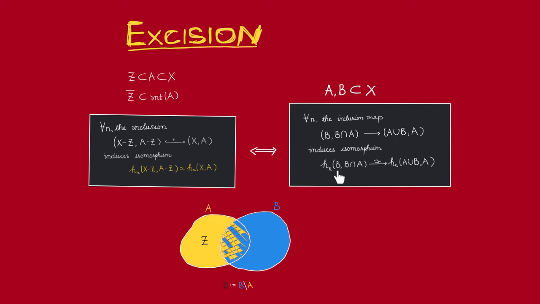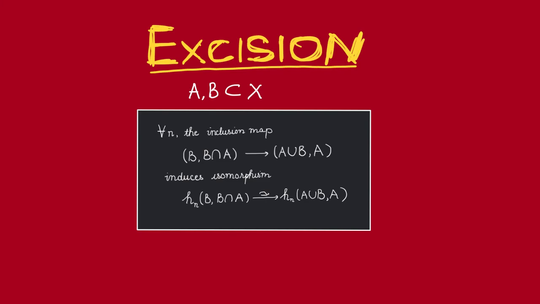And that shows you this equivalent formulation. The relative homology of B relative to B intersect with A should be isomorphic to the relative homology of B union with A, comma A.